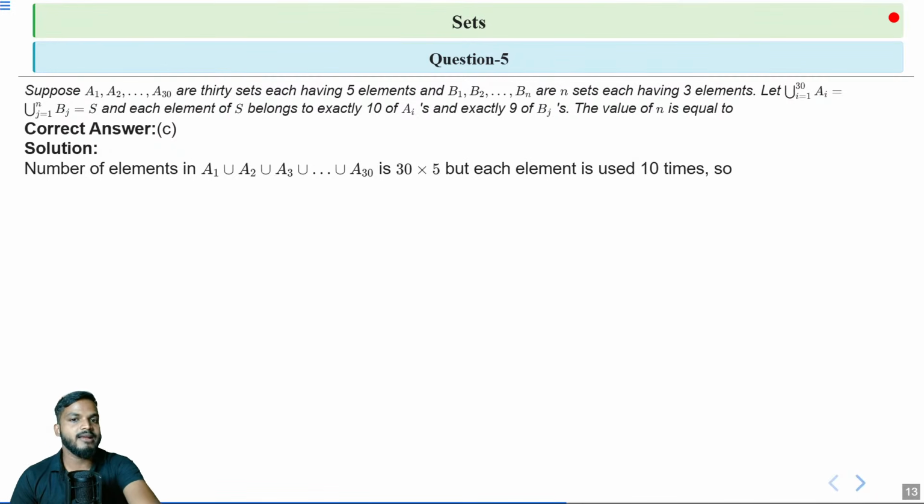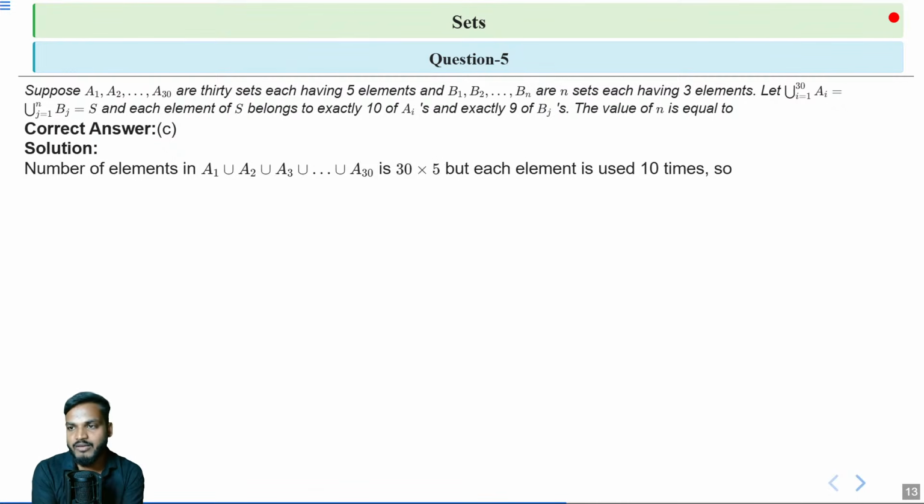But by the given condition, if an element belongs to the union, then it belongs to exactly 10 of the Ai, which says that the Ai are not disjoint sets. So each element is used 10 times. That is, if X belongs to S, then X must belong to exactly 10 different Ai.